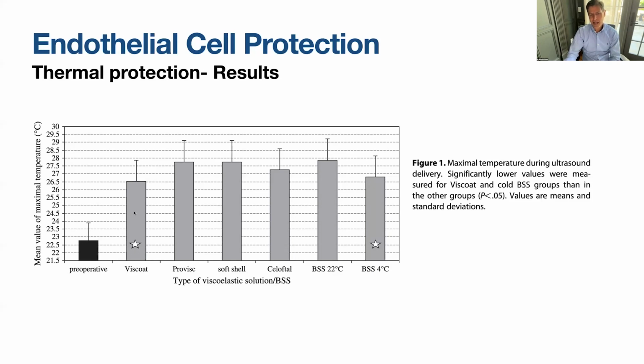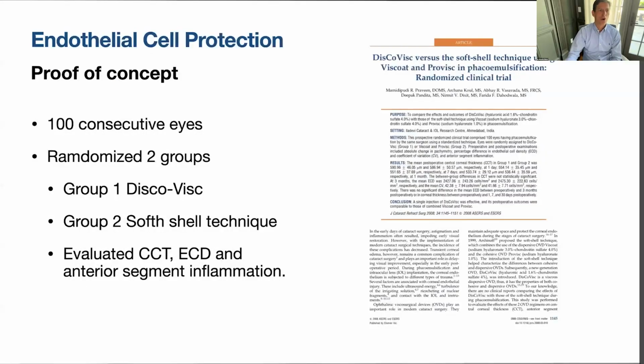And the second was dispersive viscoelastic. So that means that not only are the OVDs retained in the eye after emulsification, especially the dispersive OVDs, but also they limit the amount of heat that is transmitted to the cornea.